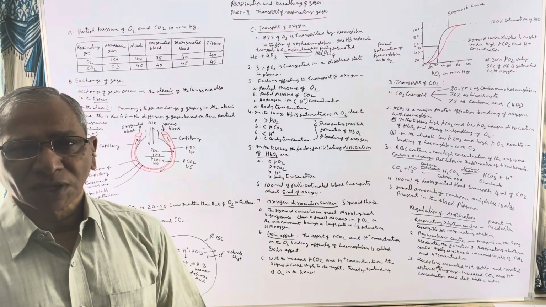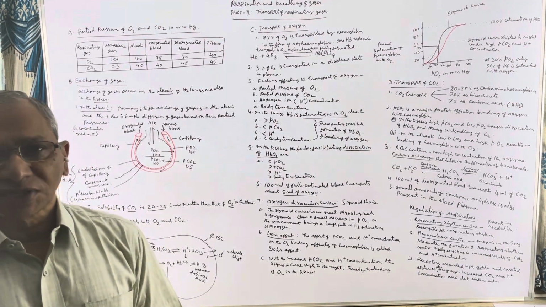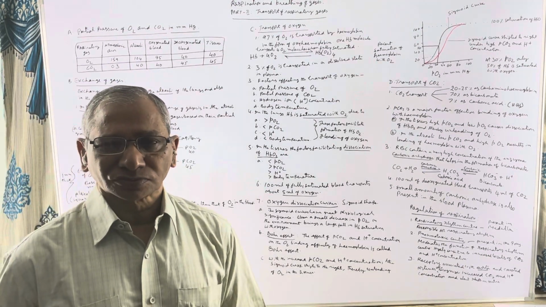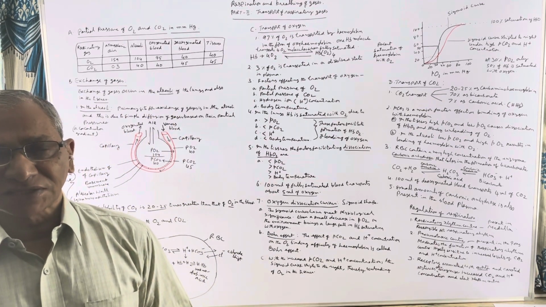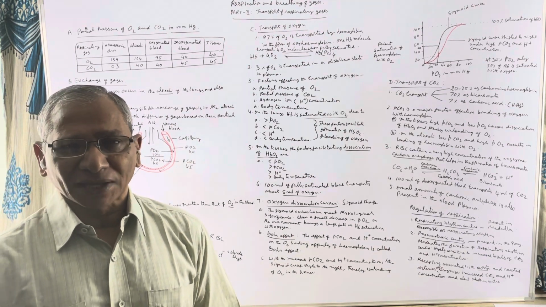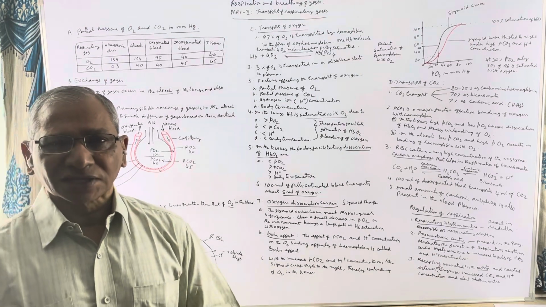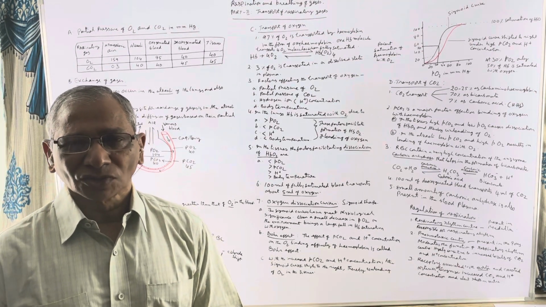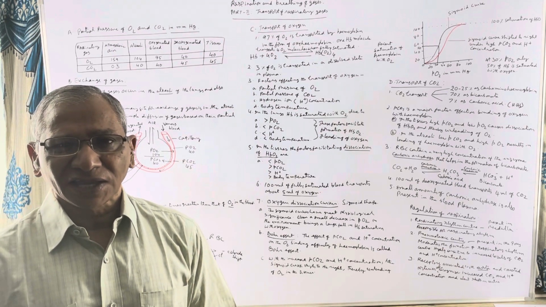Oxygen is taken up by the hemoglobin and oxygen is released in the tissues. Whereas in the lungs, carbon dioxide is released to the outside, and in the tissues, blood collects carbon dioxide. So, blood collects oxygen in the lungs and releases the oxygen in the tissues, while the blood collects carbon dioxide in the tissues and releases it in the alveoli.